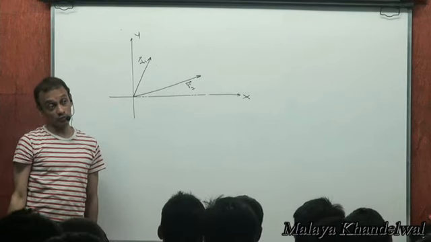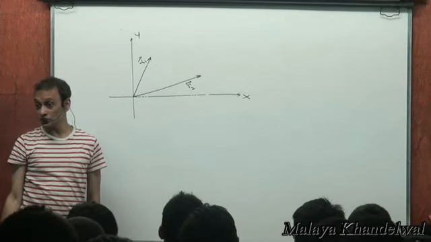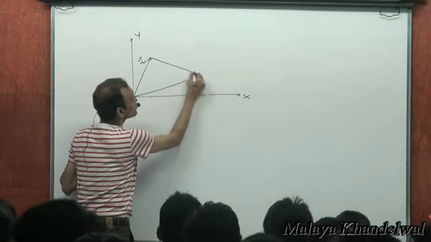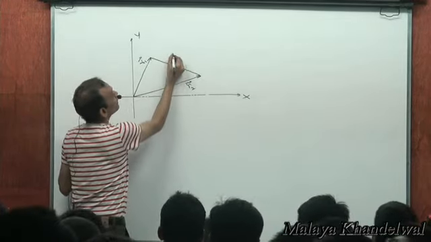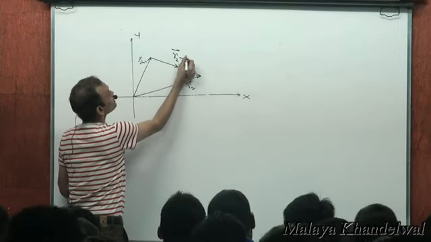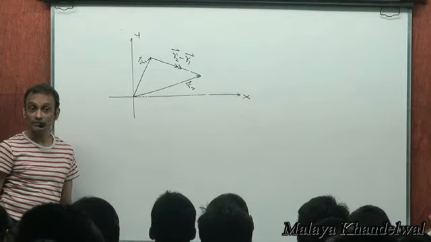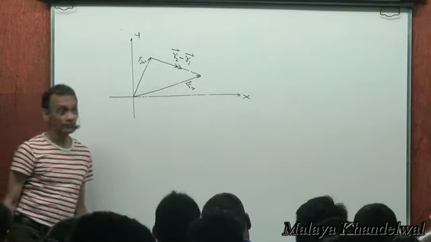Then I could perform triangle law of operations on this, right? And that would give me a vector which would be R2 minus R1, final position minus initial position, triangle law of vectors, right?